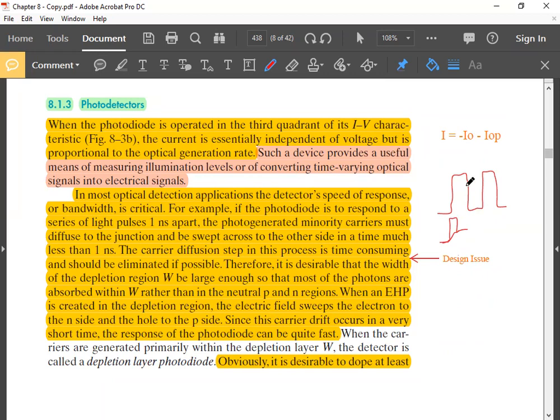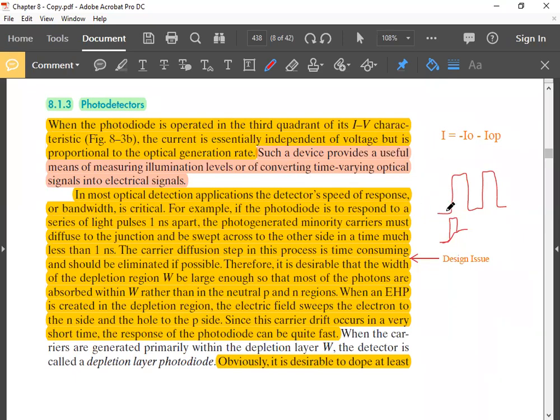This optical signal can be converted to an electrical signal, a variation of current, using this photodetector. When light intensity is large, current will be large since IOP is proportional to GOP. When light intensity is low, current will be low. So this variation of light can be converted into a variation of current, provided the photodetector is sensitive.